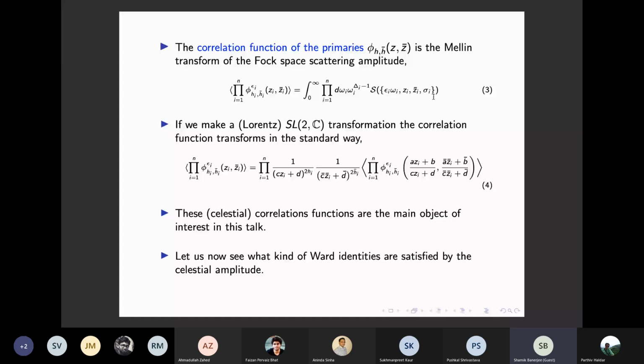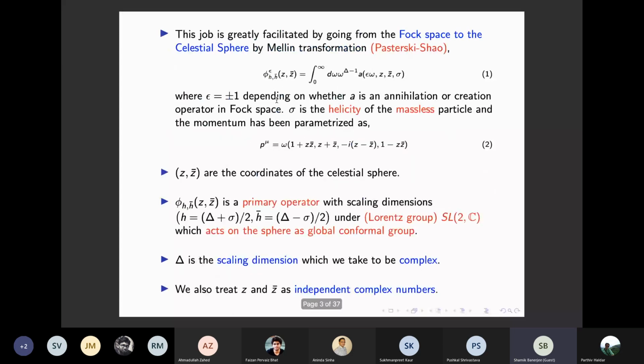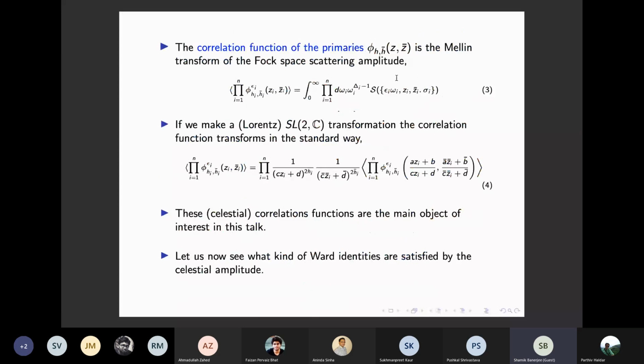So this is the S matrix, and you just do the integral transformation on each of the A's. So the S matrix will have some number of A's, and you do the integral transformation on each of them, and that gives you the left hand side.